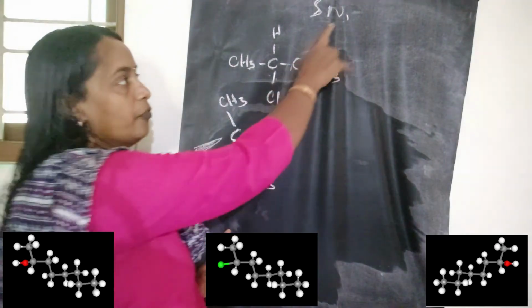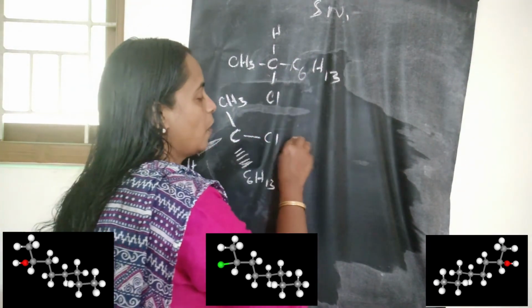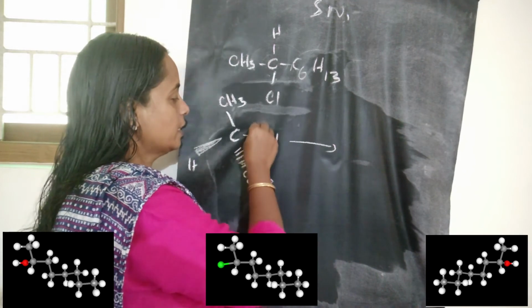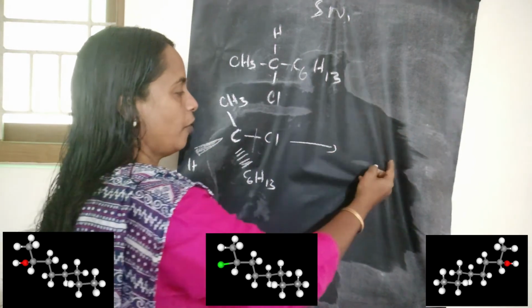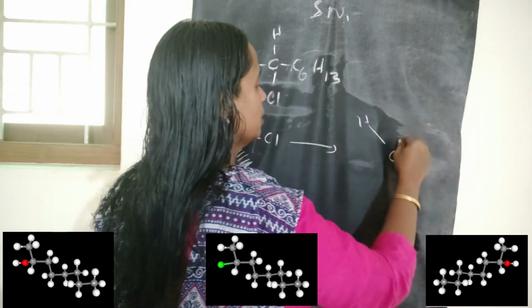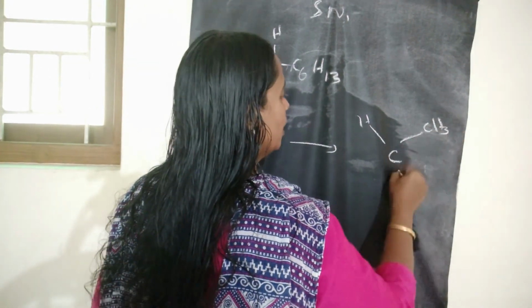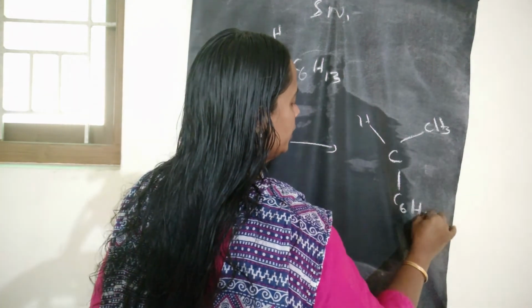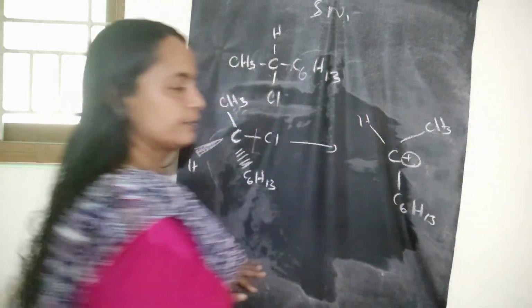The first step of SN1 mechanism does not involve the nucleophile, just the cleavage of the carbon-chlorine bond to form a carbocation, as carbon with the H, CH3, C6H13 with a positive charge.